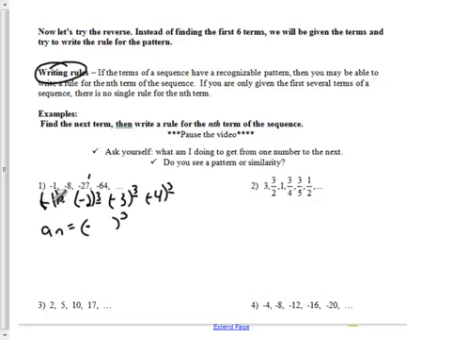But if you notice, we go 1, then 2, then 3, then 4. This is the first term, second term, third term, and fourth term. So instead of putting a number, I'm going to put a variable. I'm going to call it n. So whichever term we are looking for, we just put that in for n, but make sure it's negative, and then we cube it. So this would be our rule.